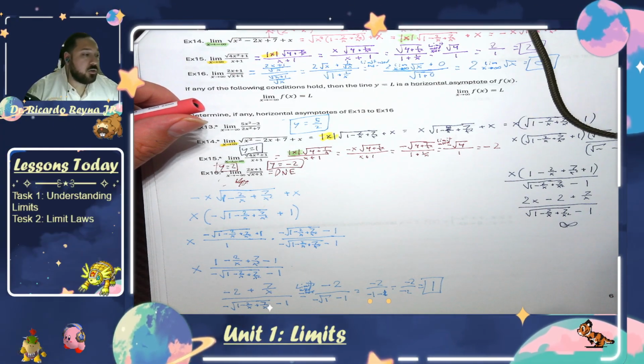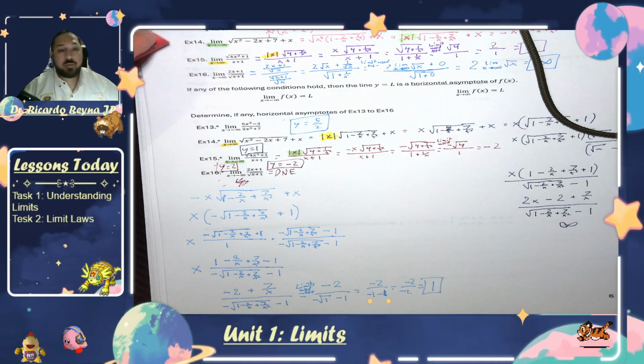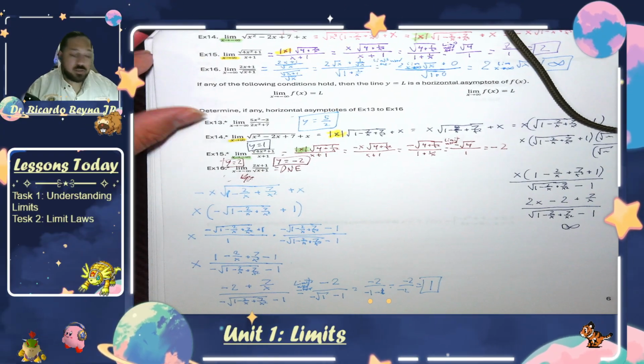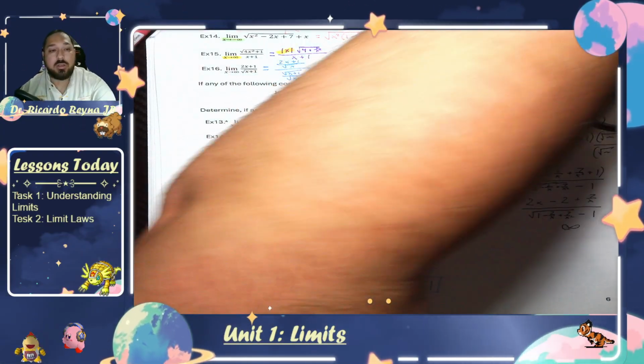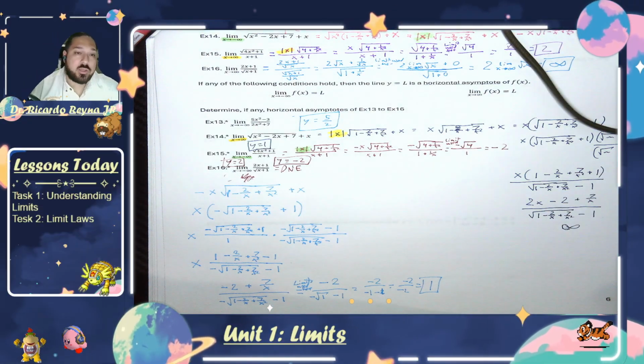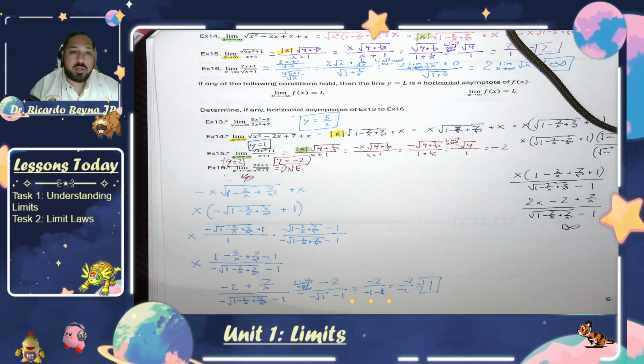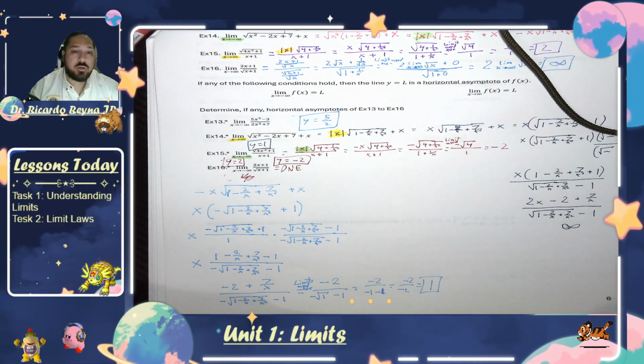Okay, I wanted to show you all, just briefly, how it could look for these equations on a graphing calculator. So let's go ahead and share that screen with you all.